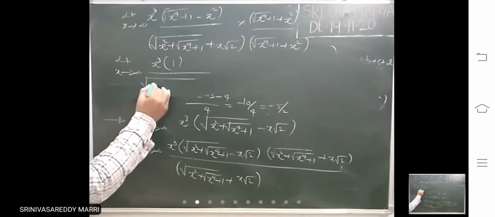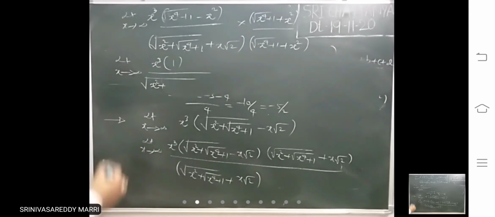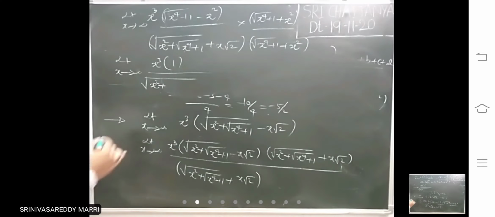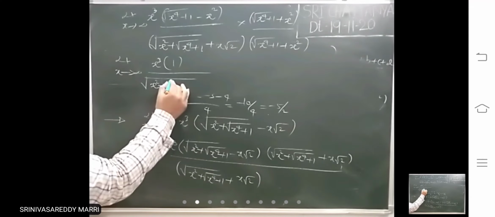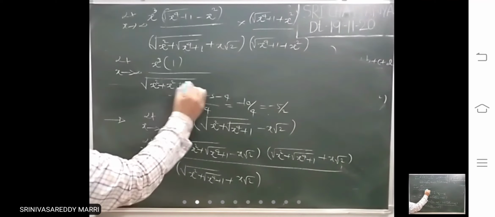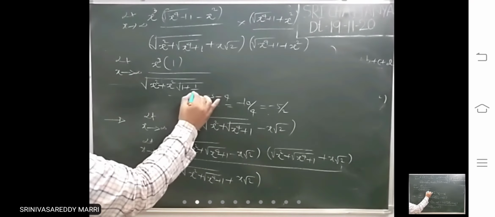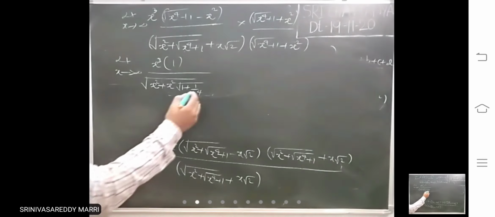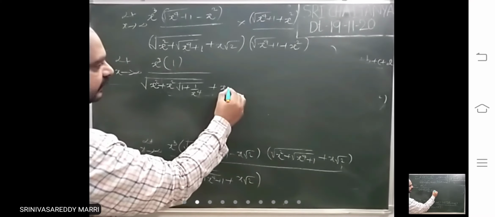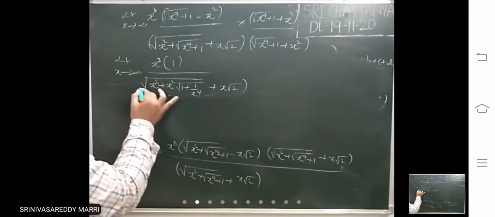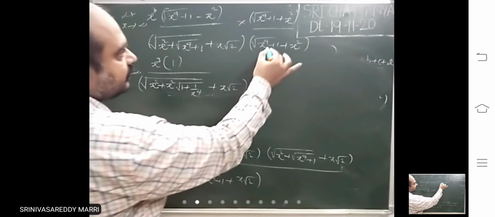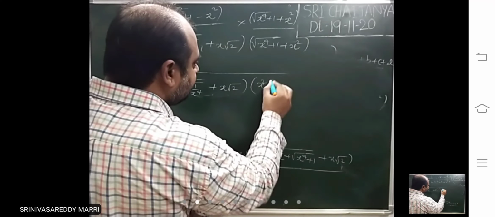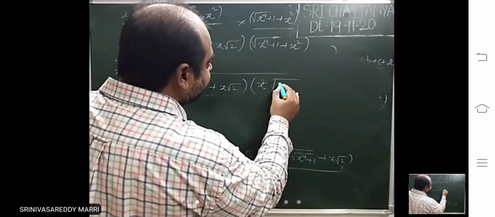here in the denominator what I am doing is, here x square plus, here you take the highest degree common. X power 4 plus 1 is there. That means if you take x power 4 common, you will get x square into root of 1 plus 1 by x power 4 plus x root 2 into root of.